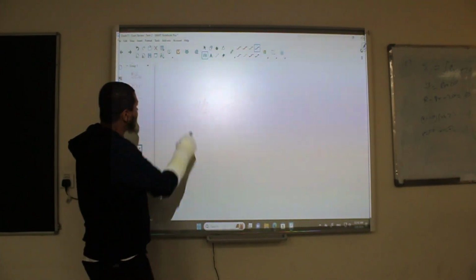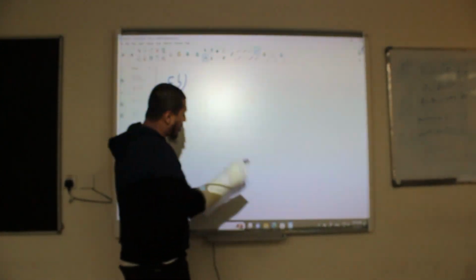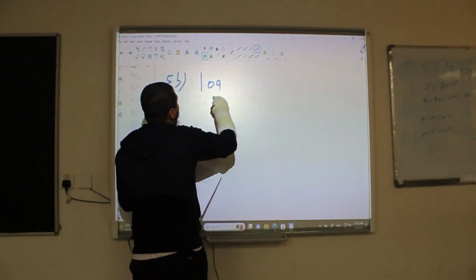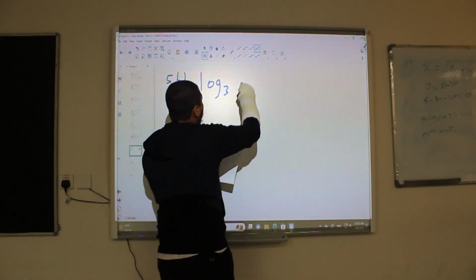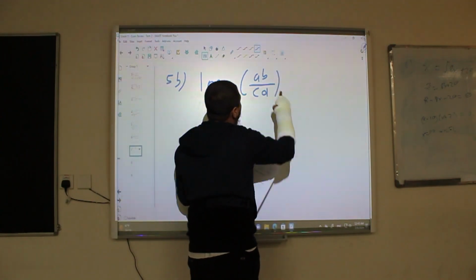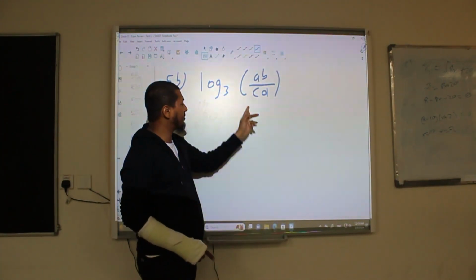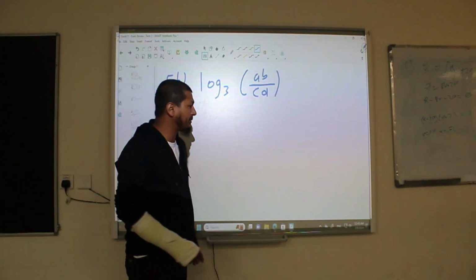we have number 5b, which is log base 3 of AB over CD. Now, because we have A and B in the numerator, it will be plus, and because we have C and D in the denominator, it will be minus and minus.